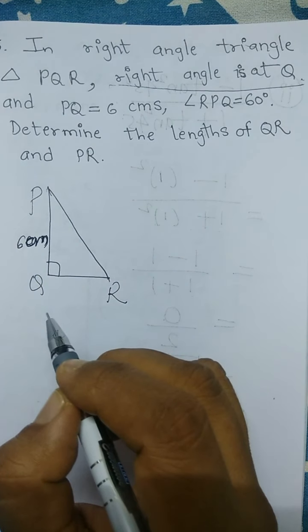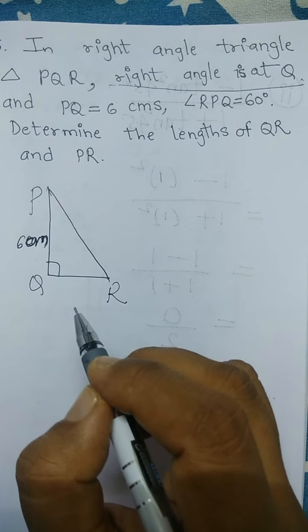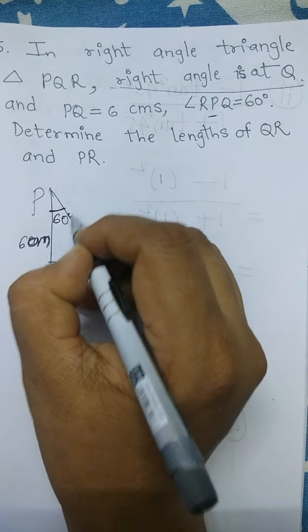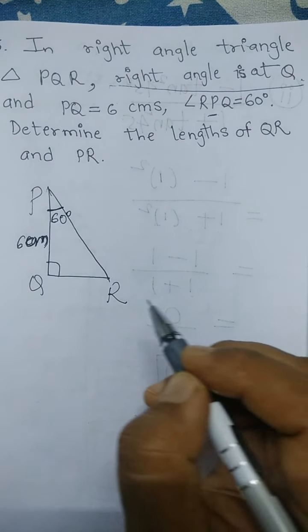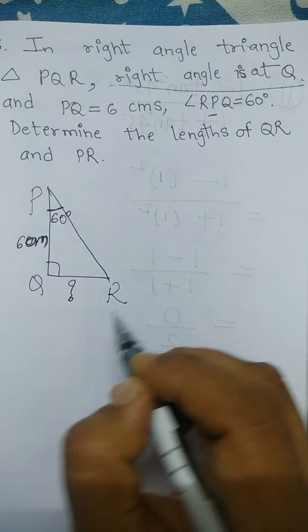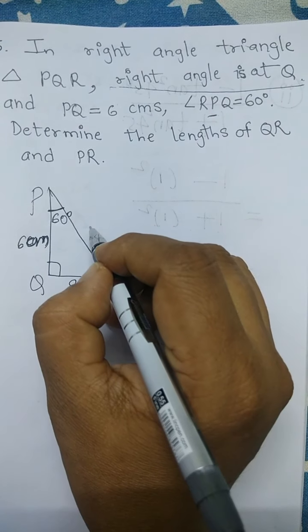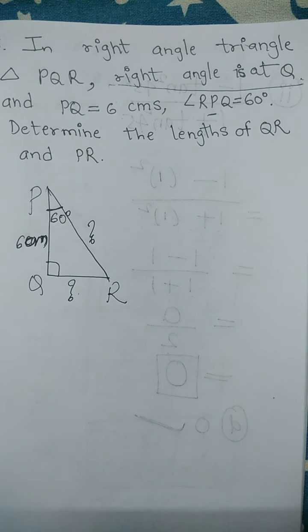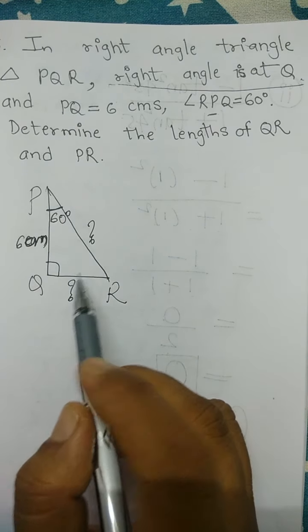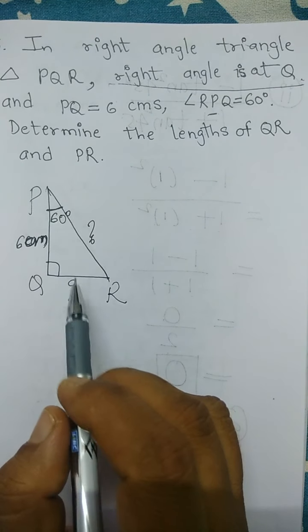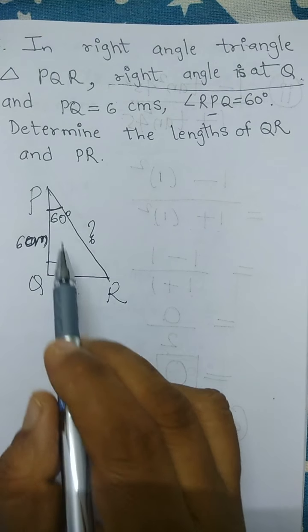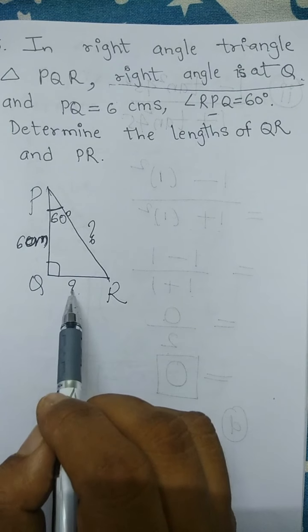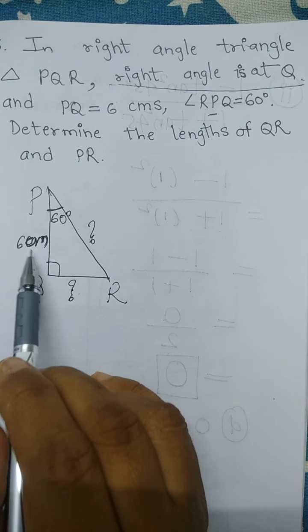PQ is given as 6 centimeter and angle RPQ means P angle. P angle is given as 60 degree. Determine the lengths of QR, which is this length, and PR, which is the hypotenuse. You have to find these two lengths. For that, what is the formula for tan ratio? Tan is opposite side to angle upon adjacent side to angle.